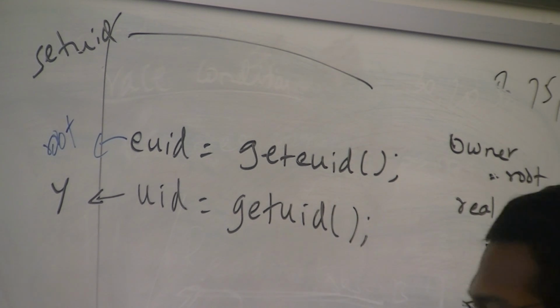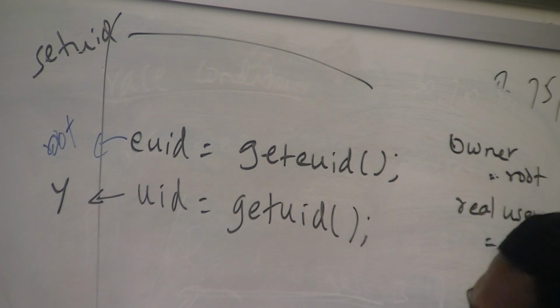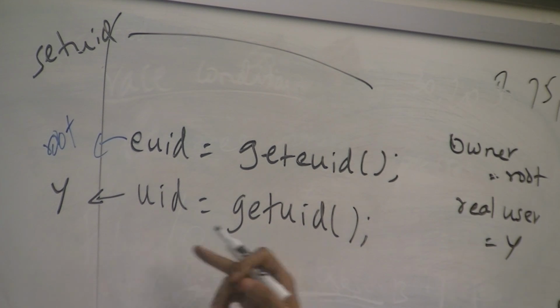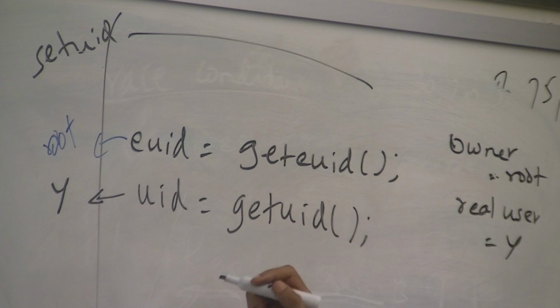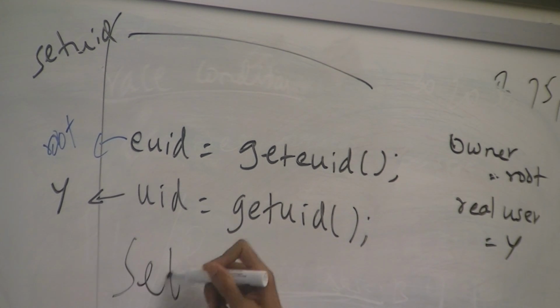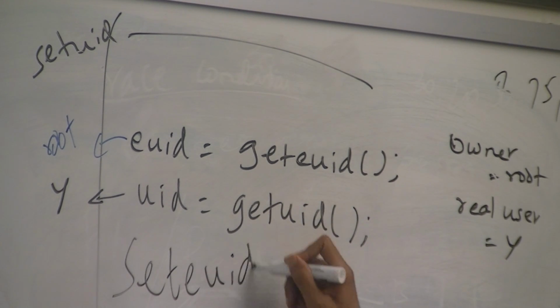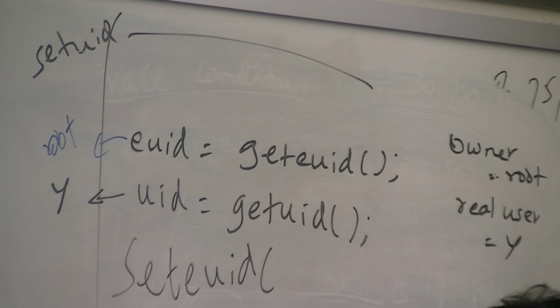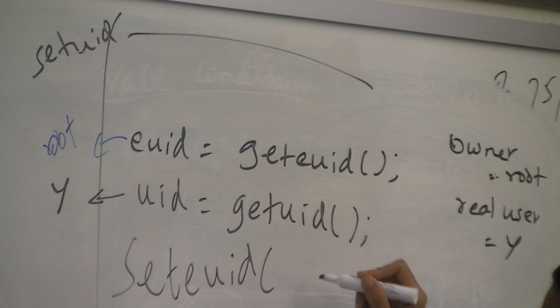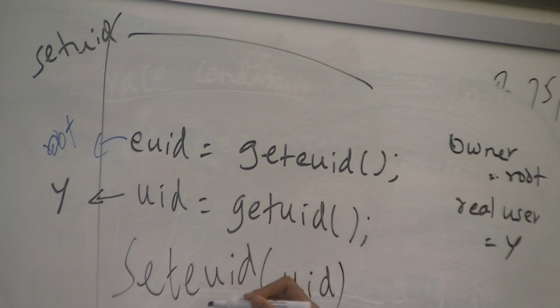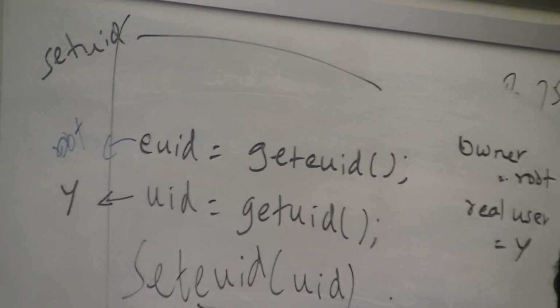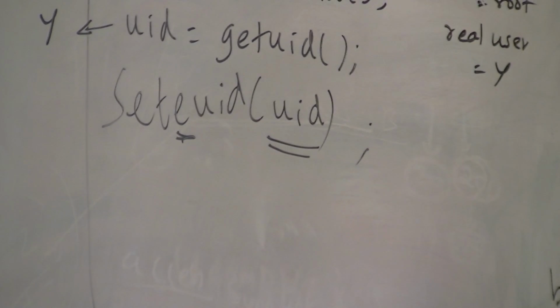The privileges of this real user have been elevated to that of the effective user, root, right? But you try to reduce the privilege by setting set effective user ID equal to the user ID. By doing this, what are you trying to do?